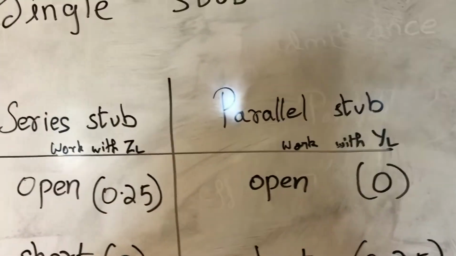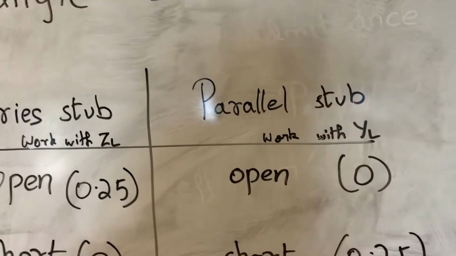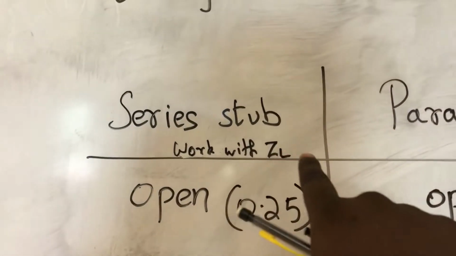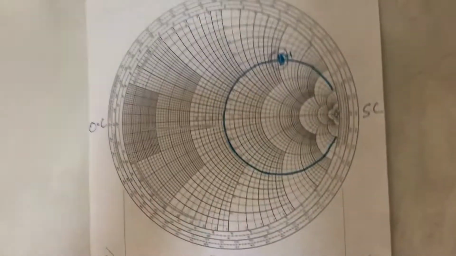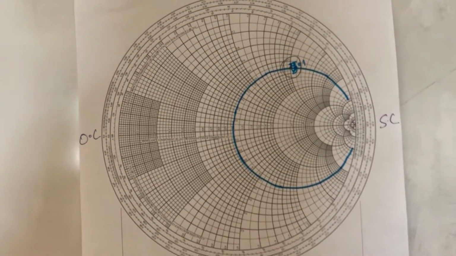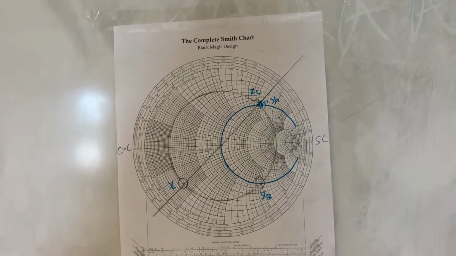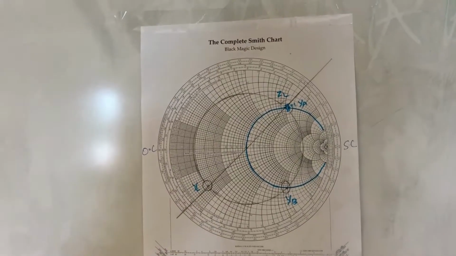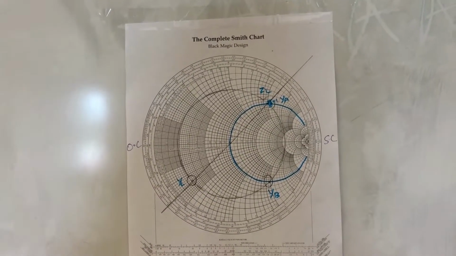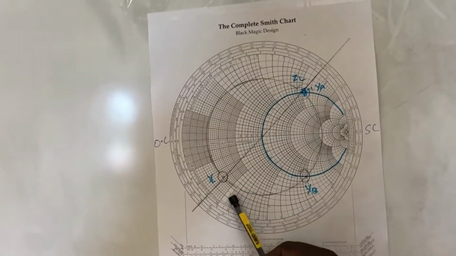Now as you can see here, it's easier if you are working with YL for the parallel stub, and it's easier if you are working with ZL for the series stub. So draw the VSWR circle here and get to the load admittance point, which is YL. As you can see, we have drawn the line across from ZL through the center to the other point of the VSWR circle to get at YL.